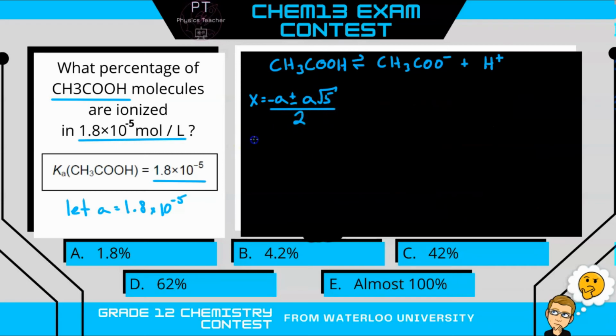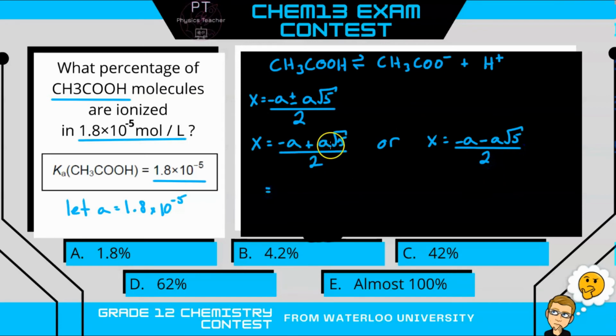And this leaves us with two possible solutions. Either x is minus A plus A root 5 all over 2, or x equals minus A minus A root 5 all over 2.